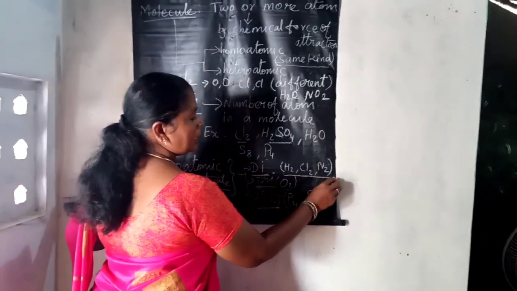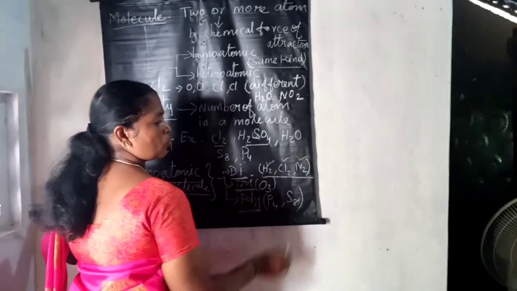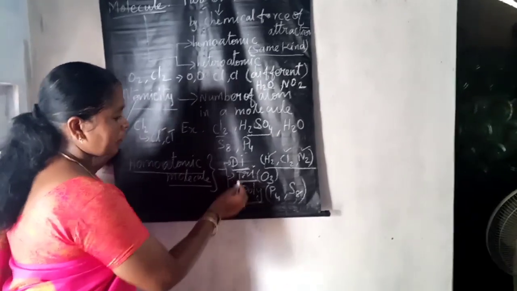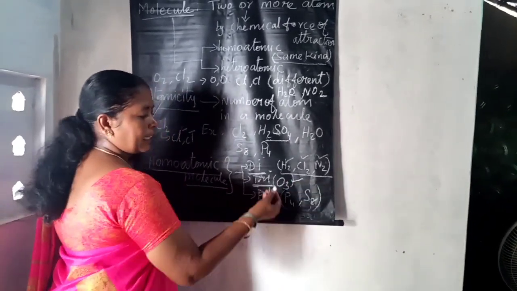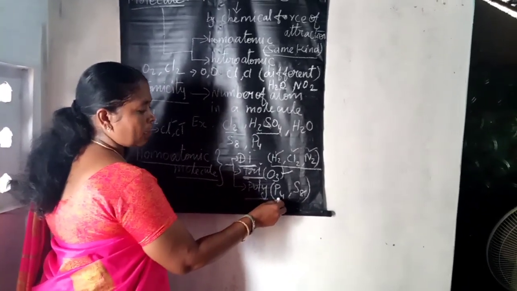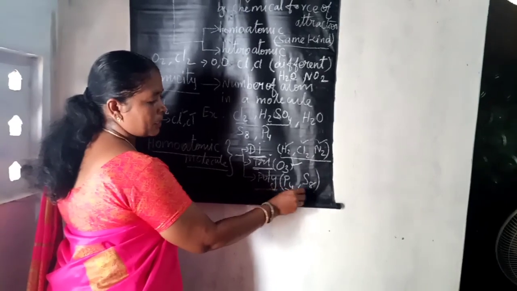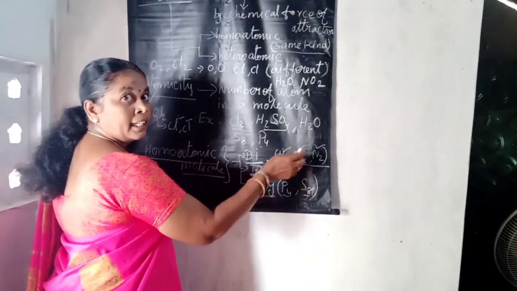See here, only 2 atoms of the same kind will be present: H2, Cl2 and N2. In triatomic molecule, only one, that is ozone. It contains 3 atoms of oxygen. Next, polyatomic consists of more than 3 atoms. See here, phosphorus and sulfur having more than 3 atoms. That is P4 and S8.